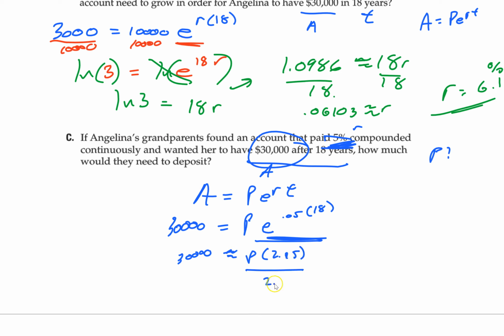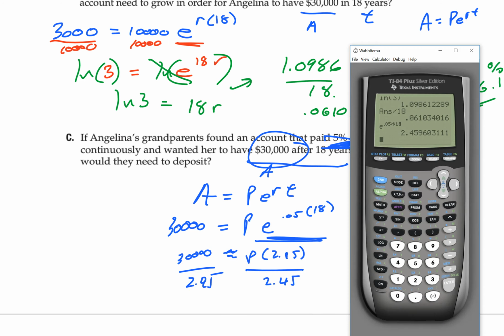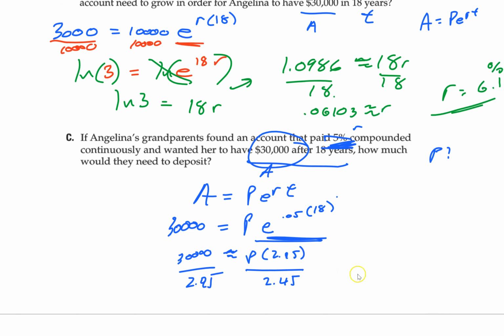Just divide by that: 30,000 divided by my answer there. You could just highlight your answer, or you could put in the second answer, and it'll get you about 12 grand, 12,197. So they need to deposit about $12,197. So that's how much they should deposit. They want her to have 30 grand at the end. Shouldn't we all have grandparents that helpful? Anyway, that's it.